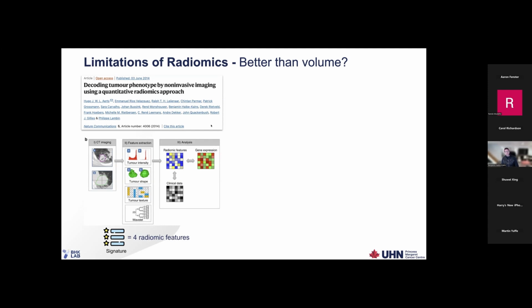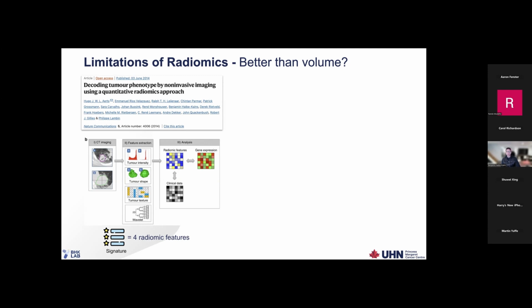And it could be counterintuitive. If you look at tumor intensity and tumor shape, you would think that it has nothing to do with volume, but it's a big confounding factor, because a lot of those features depend on the number of voxels in your region of interest. They're highly dependent on volume.